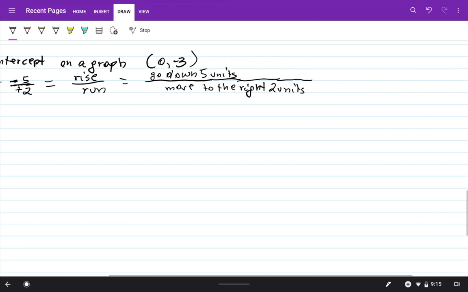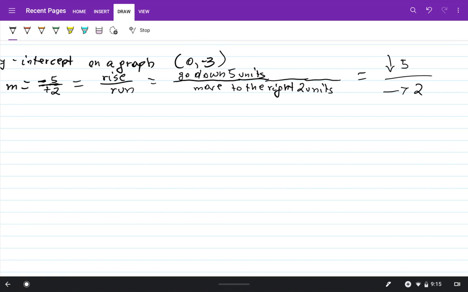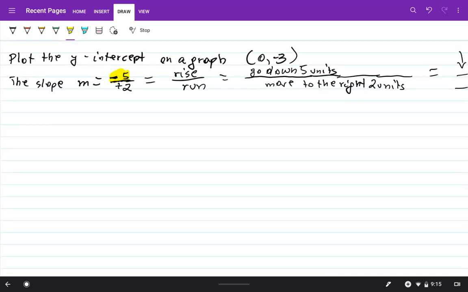So rise over run, we will go down 5 units and move to the right 2 units. Because slope is rise over run. Okay, rise means you're going up or down. Again, since we have a negative slope, because of that negative 5, that's why I'm going down. So let's just graph that.